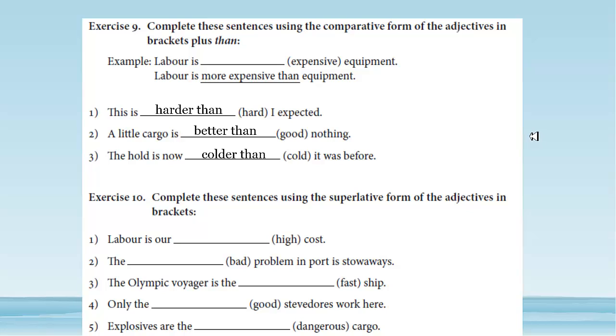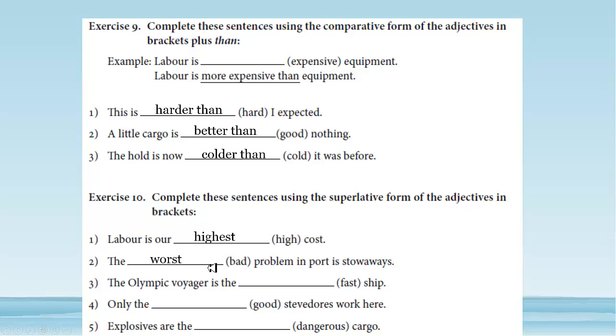Great. Exercise 10. Complete these sentences using the superlative form. So we want the best, the worst, highest. So labor is our highest. And then again, it's one syllable adjective. So we just add est. And here, bad, that again is an irregular. So the baddest problem, the badder problem, no, it's irregular.